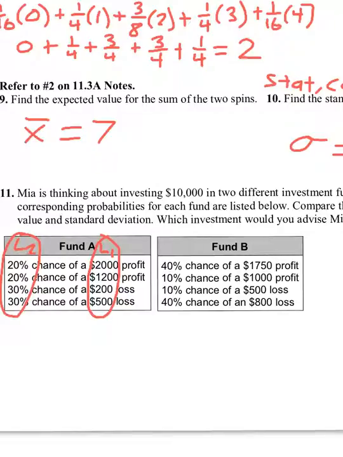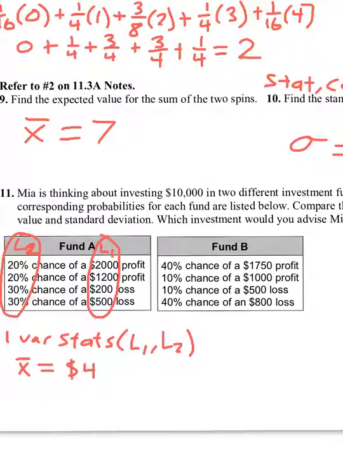That's a 2. And then say 1 var stats L1, comma, L2. And so if we calculate those, we get the average is $430. And the standard deviation is $995. And I guess with money, it's always good to round to 2 decimal places.